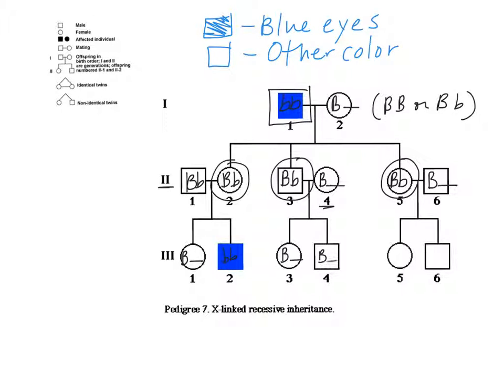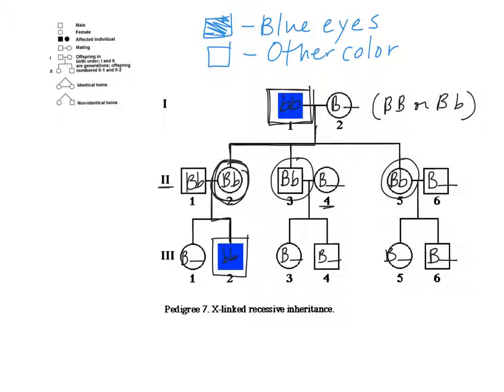We don't have any other homozygous recessive individuals that can give us a clue to the genotypes of the others. So all of these other unshaded shapes, we don't know the actual genotype of. The only one we know for sure, again, is individual 2, 2, because she has a parent, if you follow the line up, that's little b, homozygous recessive, and she has a child, that's little b, homozygous recessive.